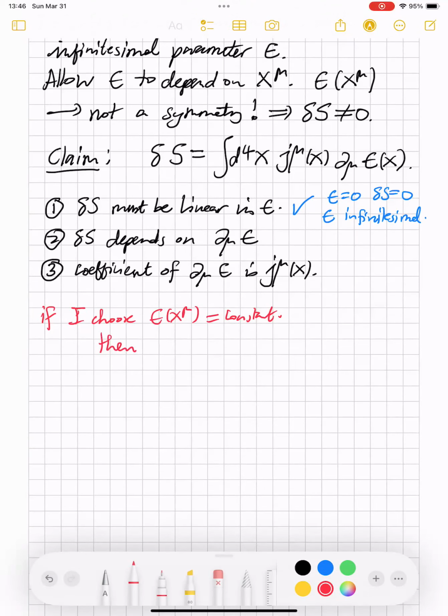Now, let's evaluate delta S on a solution to the classical equations of motion. That is, on a solution to the Euler-Lagrange equations. Now, if we're on a solution to the classical equations of motion, that means that any first order variation vanishes.